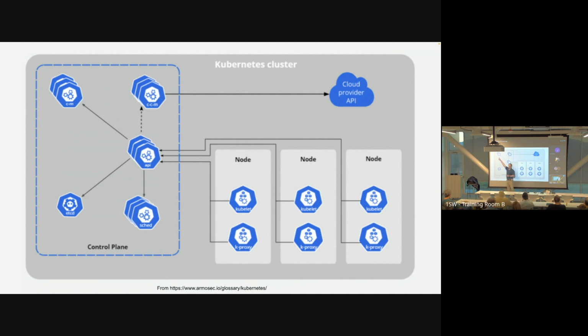You have controller managers. You have the job controller, the token secret controller, a node controller. There are lots of controllers. And then this one off here is really the cloud controller, which you're not going to see unless you are hosted in a cloud environment. That is a controller that manages the interaction with the cloud.